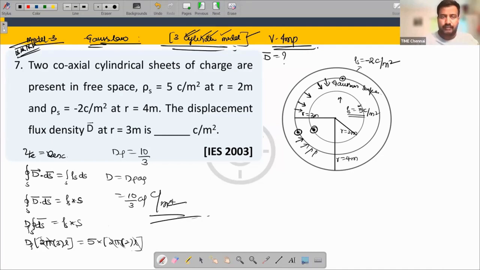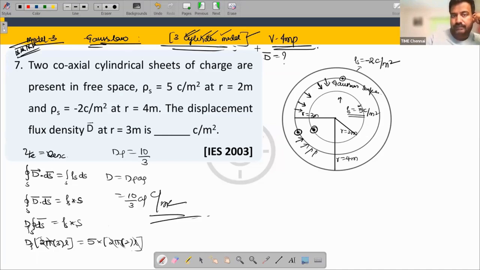Any doubts here? Everyone, is it clear? Maniranjan, clear?